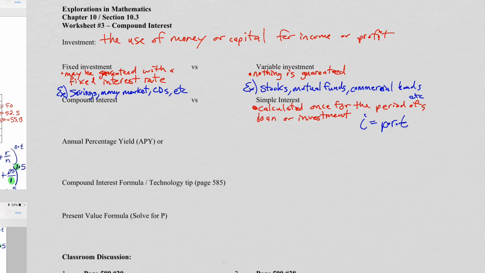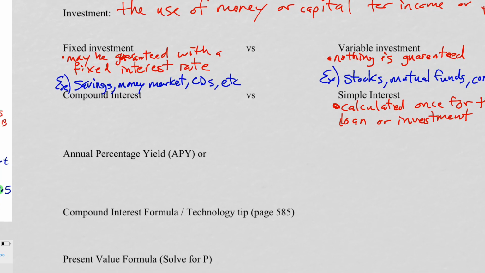Compound interest, however, is calculated periodically. And what we mean by periodically is that it could be calculated once a year, just like the simple interest, or it could be 2 times a year for semi-annual.